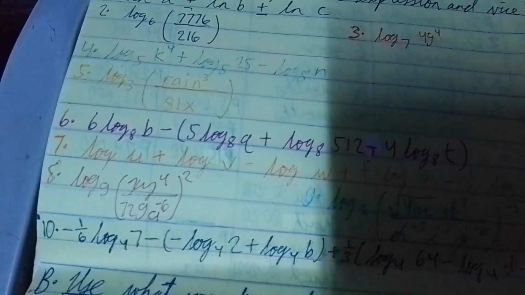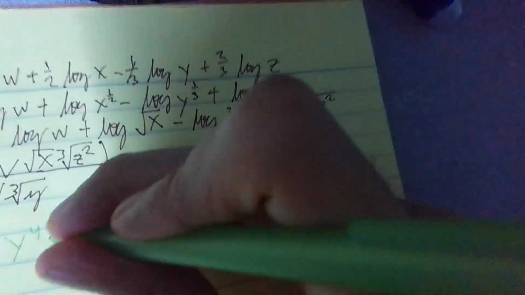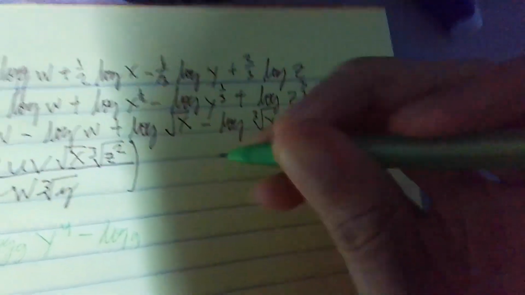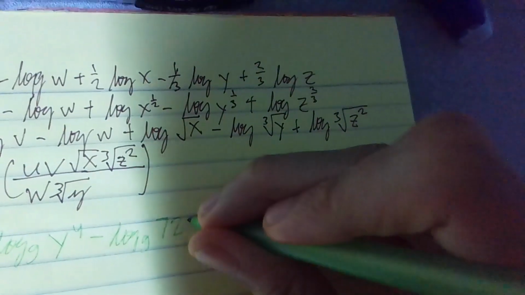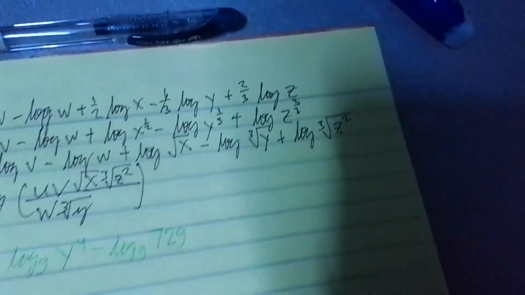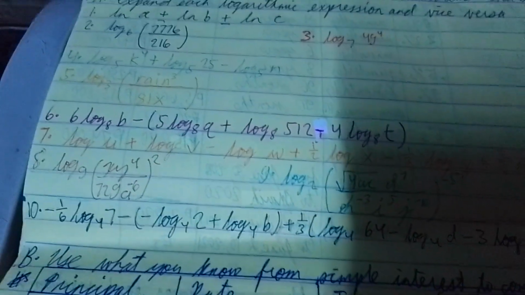So we have log base 9 of x on top. And then what's in the numerator? Log base 9 of y raised to the 4th, so plus log base 9 of y raised to the 4th power.